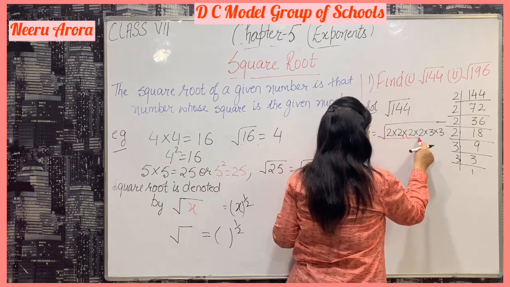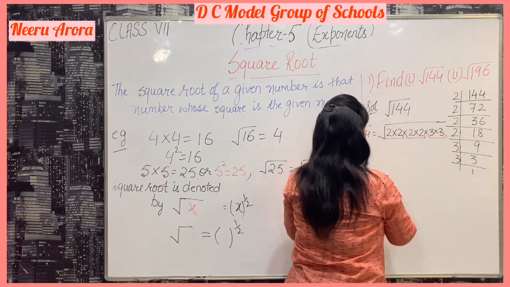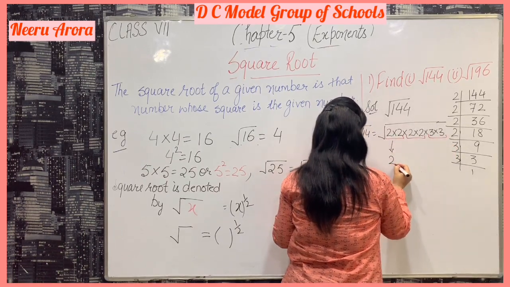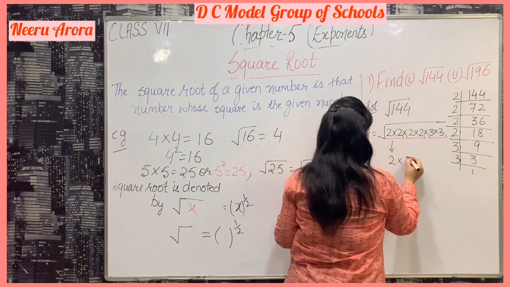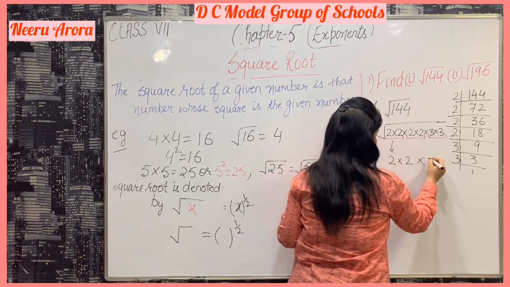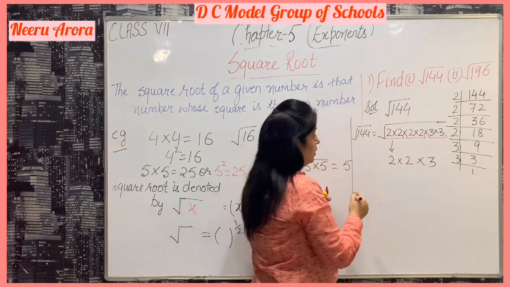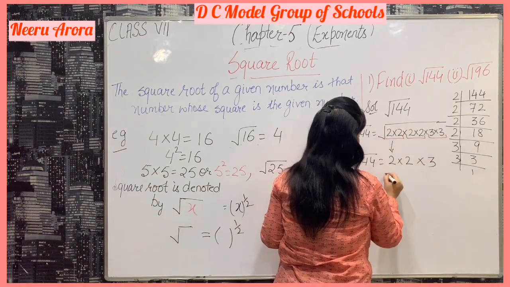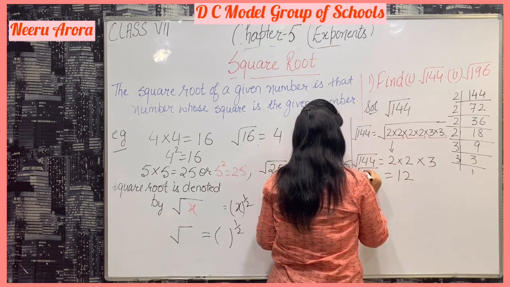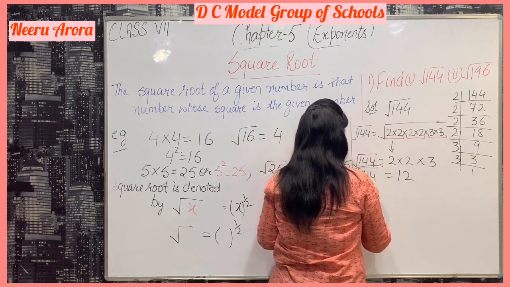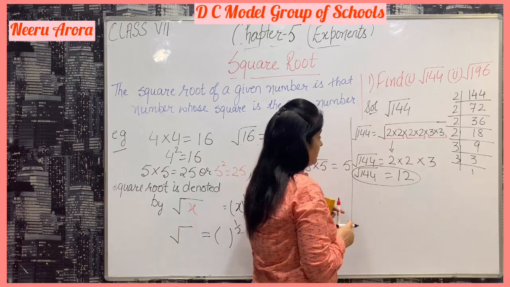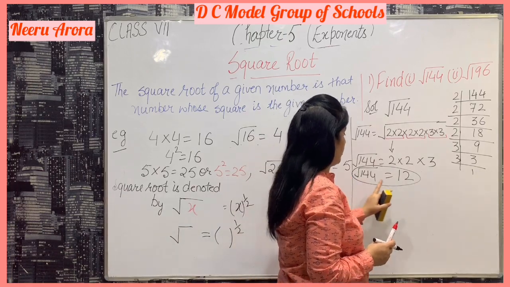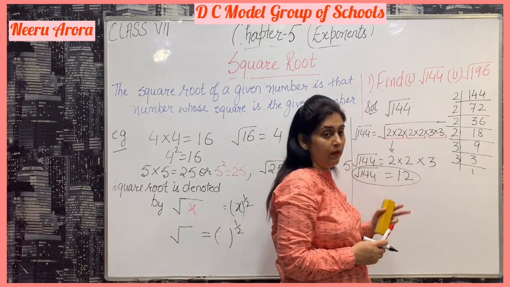Out of this pair we will take 1 out, out of the next pair we will take 1 out, and out of this next pair we will take 1 out. So square root of 144 is 2 2s are 4, 4 3s are 12. So what will be the square root of 144? It is 12. Or you can say this number 144 is the square of 12.